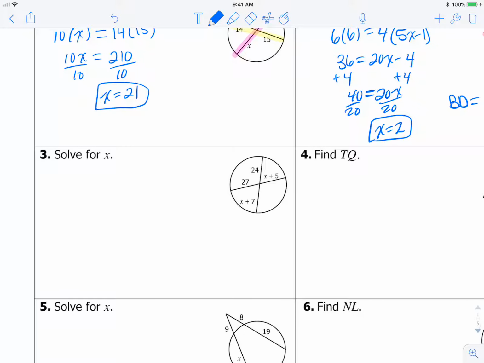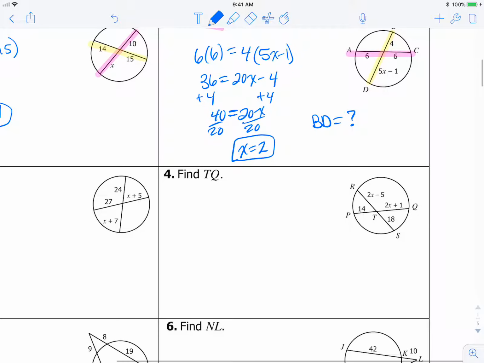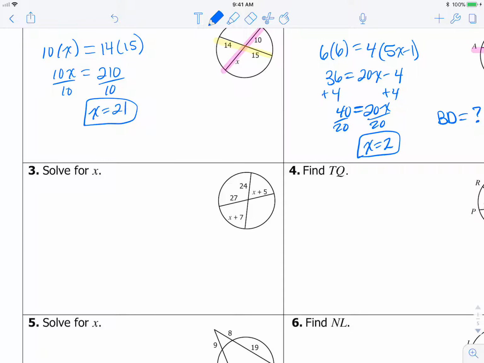All right, number 3. Same idea here. You've got your two chords intersecting inside the circle again. We just add a few more x's in there. So we're going to say 27 times x plus 5 equals 24 times x plus 7.